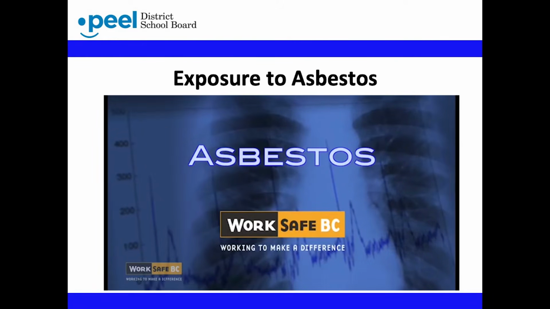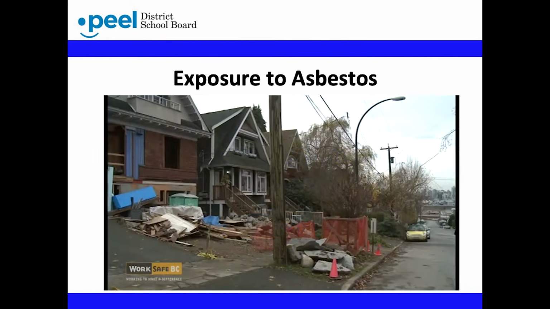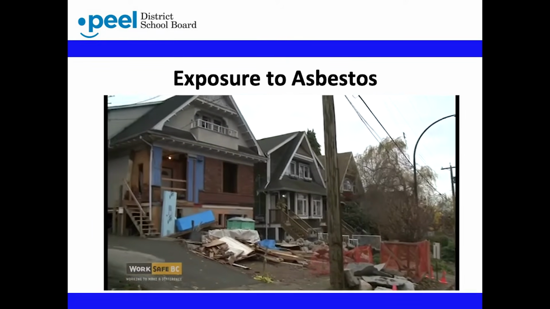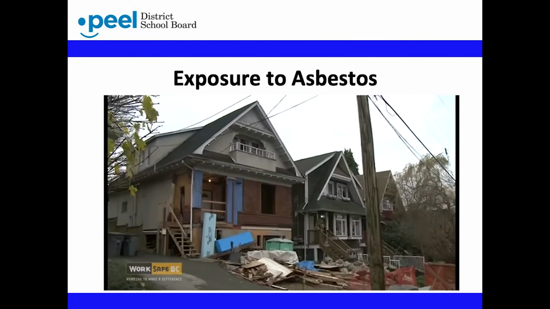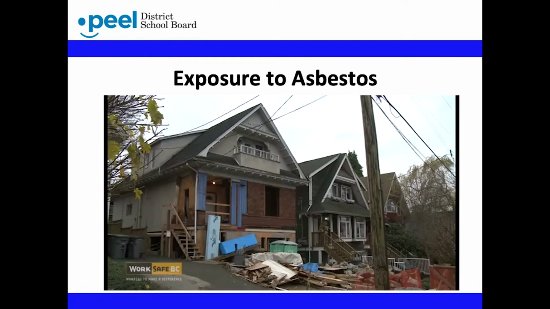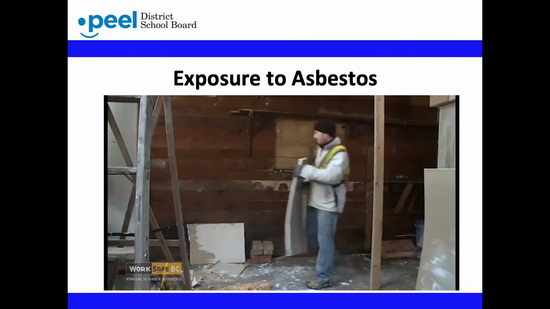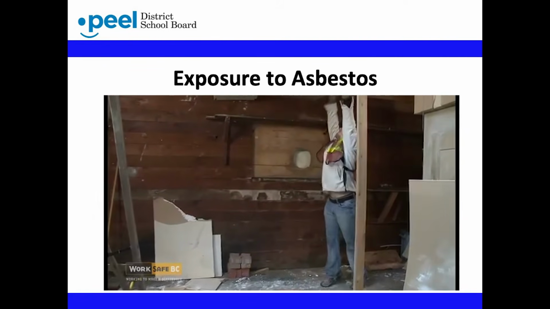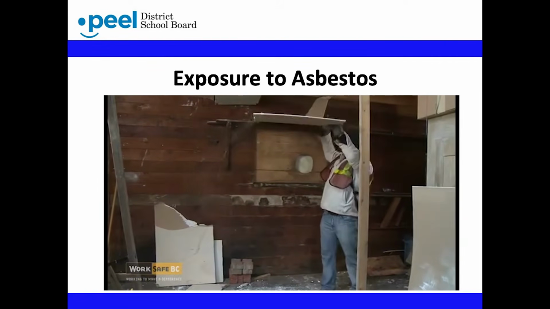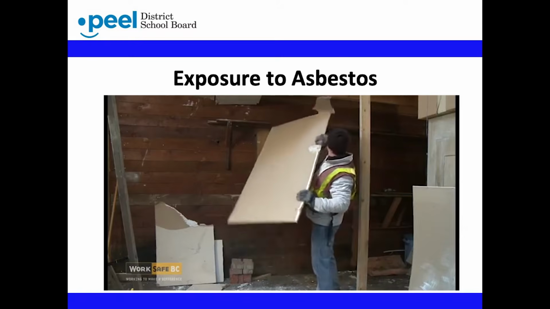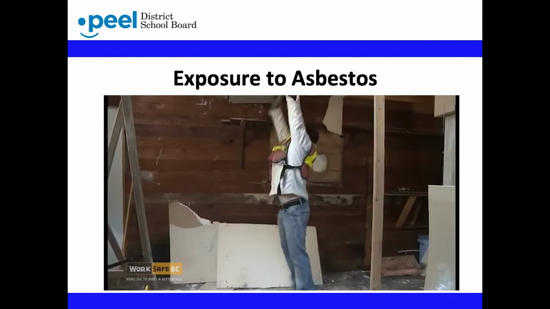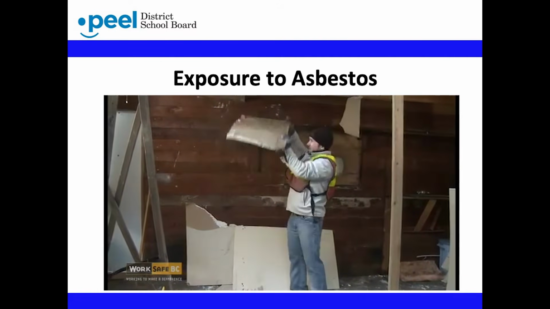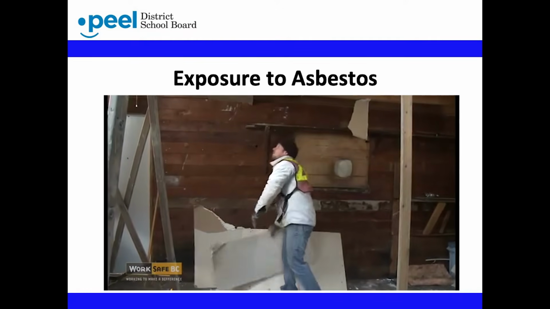Asbestos is a fibrous mineral that's resistant to chemicals and heat, and very tough. It was also added to the building materials of many older homes. As a worker or homeowner, the hazard exists when undertaking a renovation or demolition.